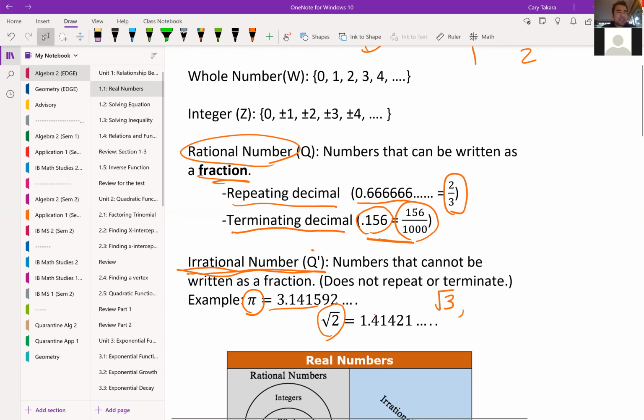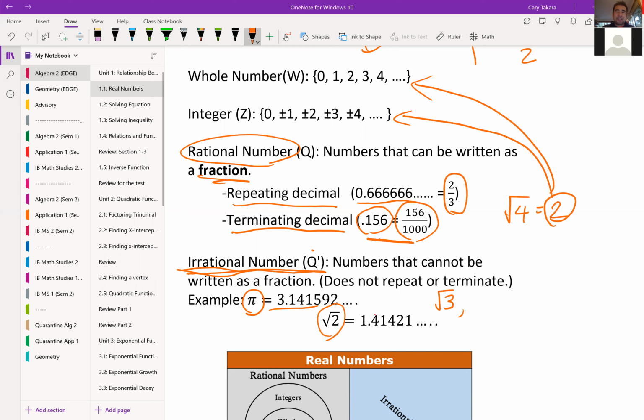The square root of 4 is not irrational because it is actually 2, isn't it? And 2 is a whole number, 2 is an integer, and 2 is a rational number, right? But all the others, square root of 5, 6, 7, 8, are irrational.